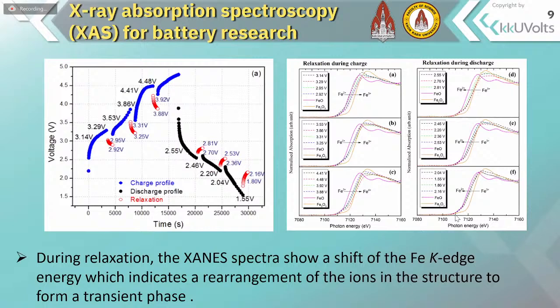There is a shift of iron K-edge energy, indicating a rearrangement of iron ions to form a transient phase. This study is the first time to investigate the existence of a transient phase during electrochemical cycling by in-situ X-ray absorption spectroscopy.